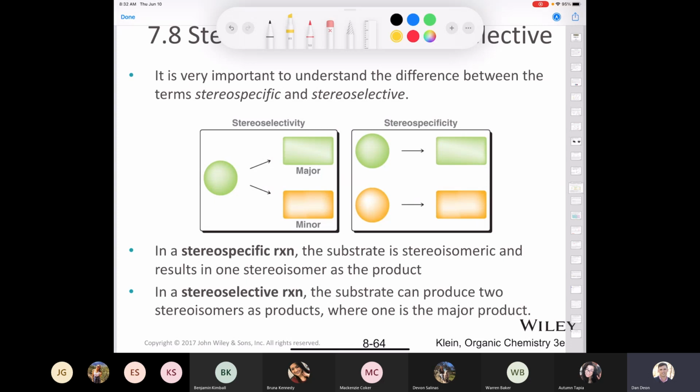So that's selective. Whereas stereospecific means the substrate is only going to give you one possible product. And that's the case where you have to do the whole Newman projection treatment in order to determine what the actual product is.